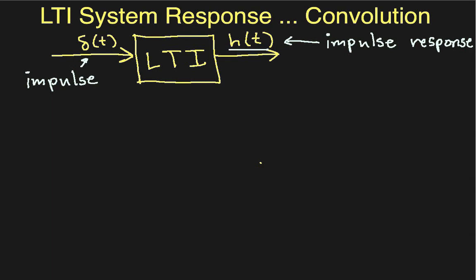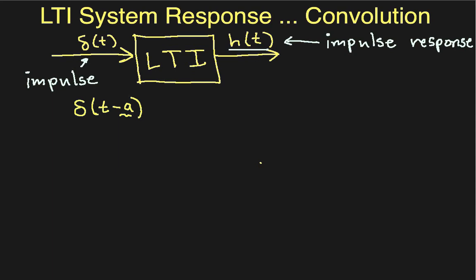Okay, now eventually we want to be able to get the response of the system to an arbitrary input. The first step in doing that is to recall that because the system is time invariant, if I take a delta function of t minus a, where a is some number, in the past we've been using tau here in place of a, but now we're going to use a because in a minute we're going to use tau for something else.